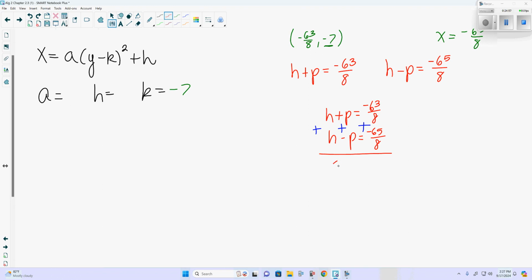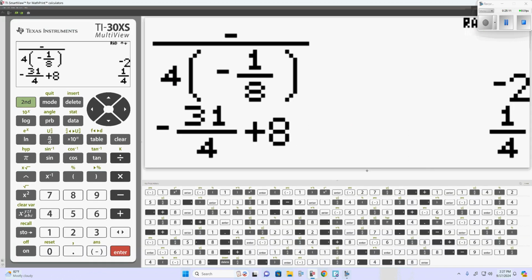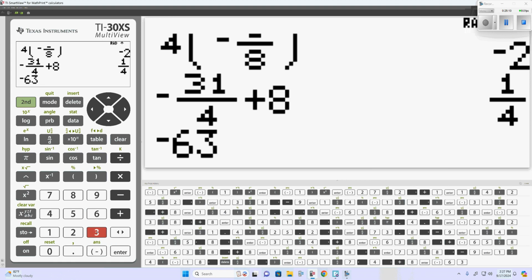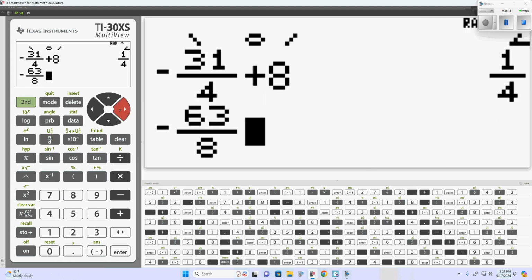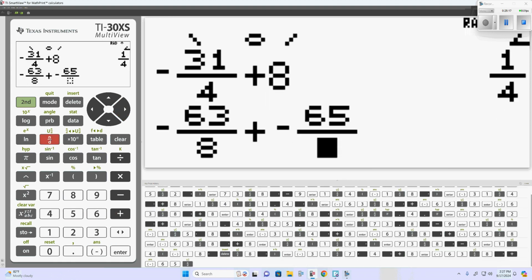Now our h plus h is 2h. P plus negative p is 0. Now we're having to add negative 63/8 and negative 65/8, and if we're lucky, it comes out to be a nice number.